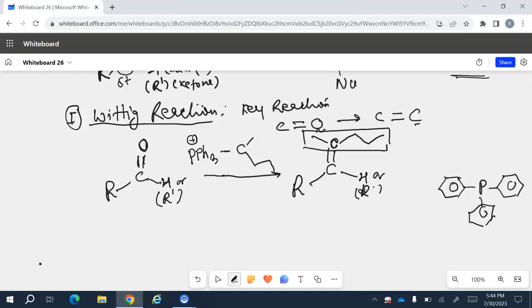So the triphenyl phosphine is with plus and the carbon, since it has only 3 bonds, will be negative. This is what we call the phosphorus ylide.